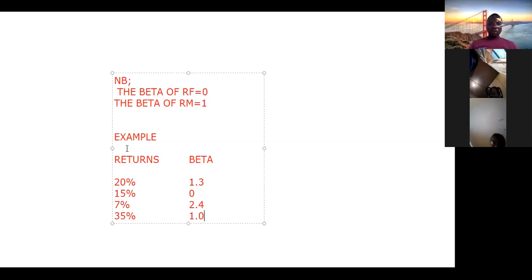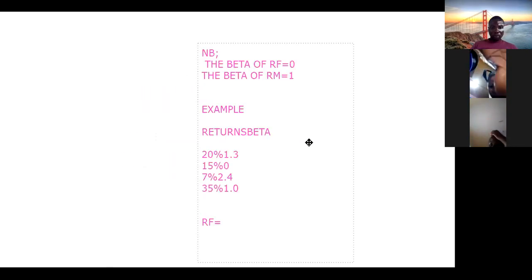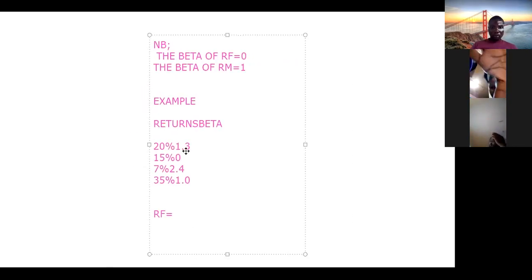Now, this is a hypothetical example I'm creating. Now, these returns and beta here, RF is equal to what?